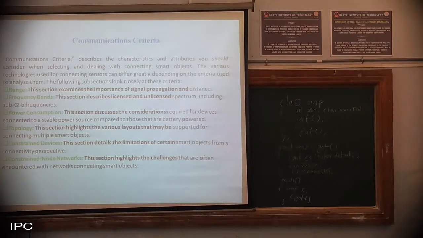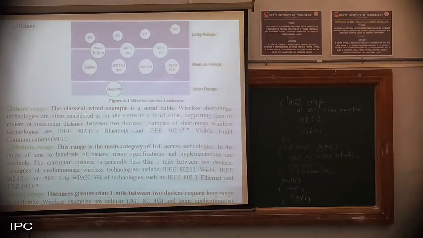Constraints, as you know, are the limitations existing related to smart objects. And then the range, it is specified here already. That is the first criteria.